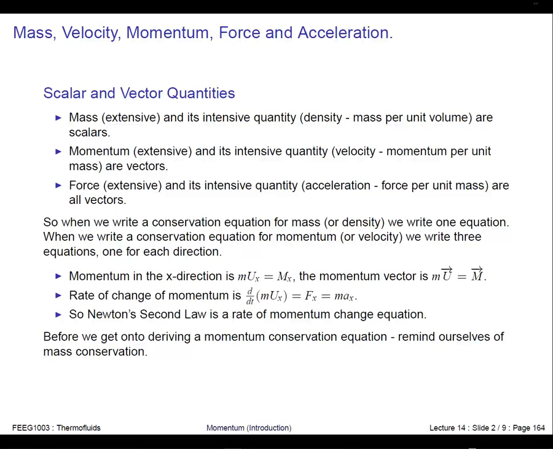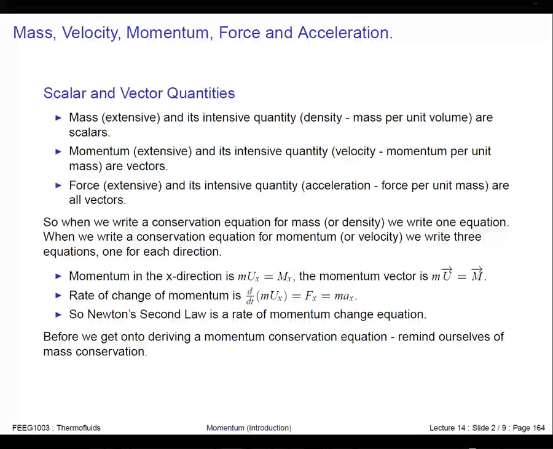Okay, and one of the reasons we're doing this incrementally is that mass is a scalar quantity, and you can go from a Lagrangian equation to an Eulerian equation with a scalar quantity, and it's conceptually easy to follow. When we start talking about converting Lagrangian momentum to Eulerian momentum, it's a bit more difficult, because momentum, if you remember, is a vector.